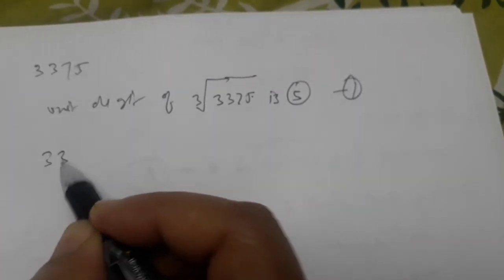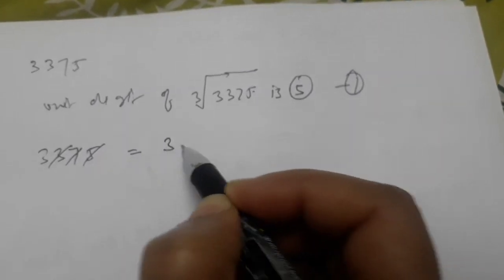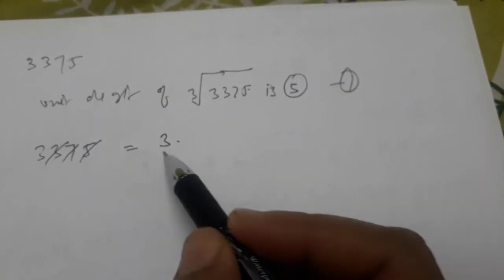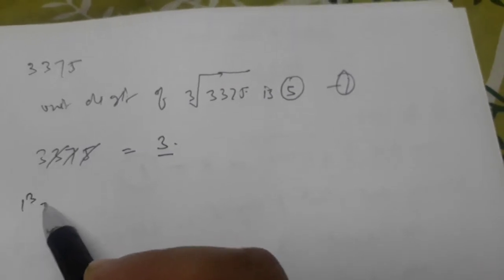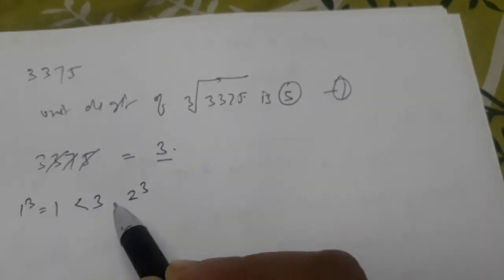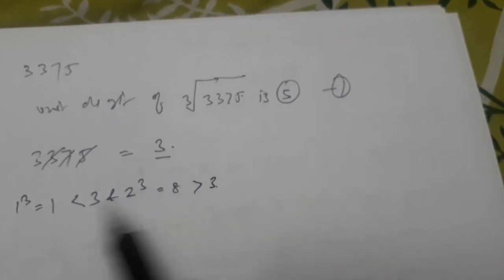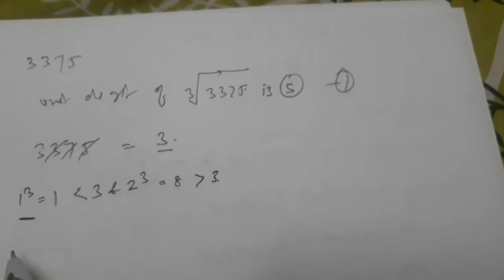Now striking out the 3 digits from the right, we will be left with 3 only. So we will analyze 3. 1 cube, that is 1, is smaller than 3, and 2 cube, that is 8, is greater than 3. So we will be taking 1.